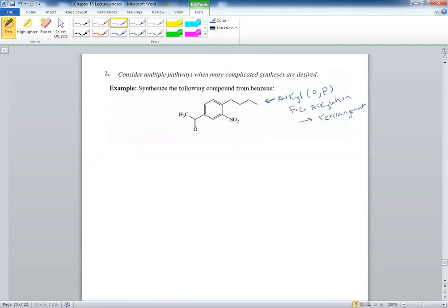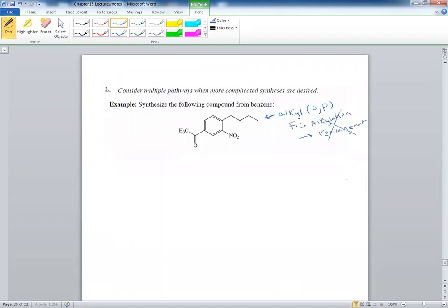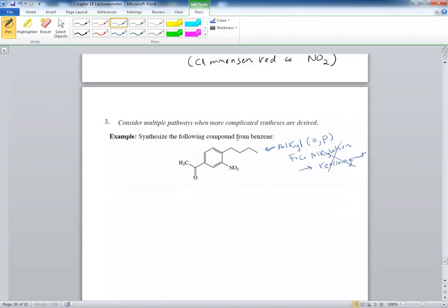So we need to think about how we would make this. Then once we have this, you can start adding your next groups. And of course, you should add in the order in which they are activating.